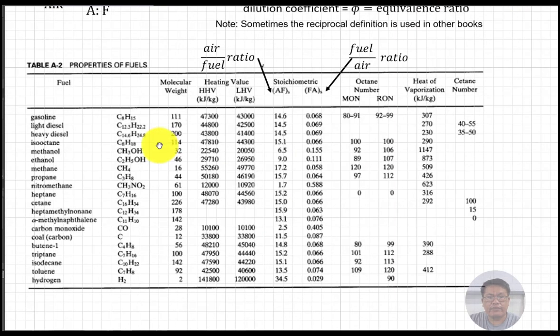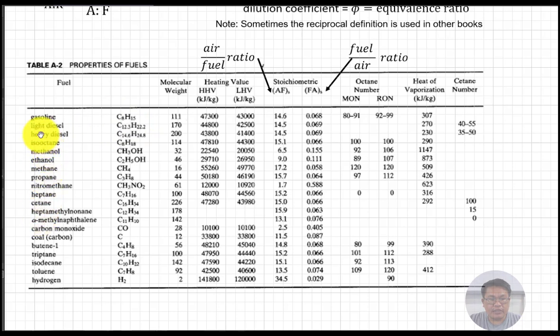Now I have here the table of properties of fuel, no? Mapapansin nyo, we have different types of fuel here, starting from gasoline going to hydrogen. We have light diesel and so on, and we have the corresponding chemical formula of each fuel.